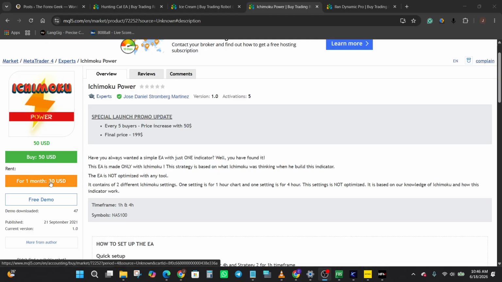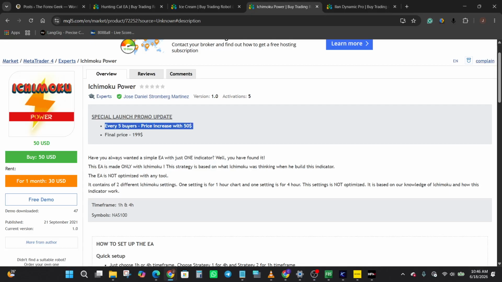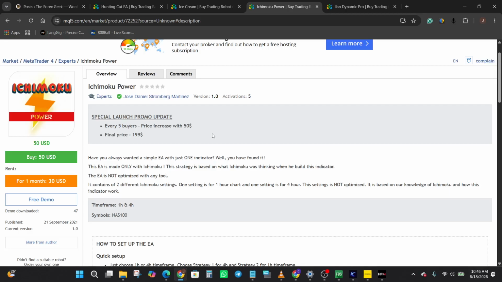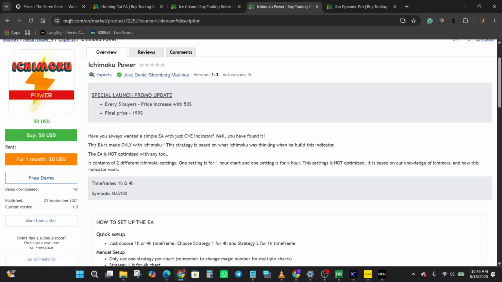The developer also mentions a launch promotion where the price increases by $50 after every 5 buys, with a final target price of 199 US dollars.